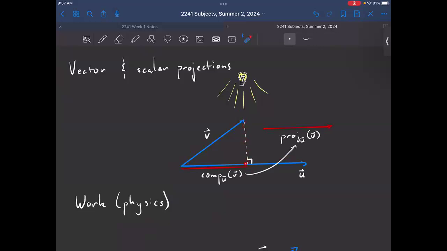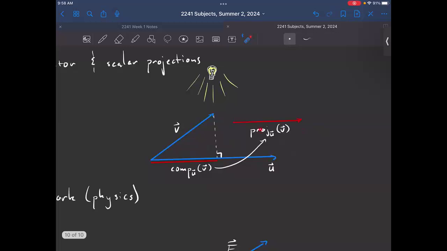And so right here, what you see as the shadow of this vector v on the vector u, the length of that shadow is the component of v in the direction of the vector u. So if you were to use u as a basis vector, then the component of v in the direction of u would literally be one of the coordinates of v if you were to write it using that basis.